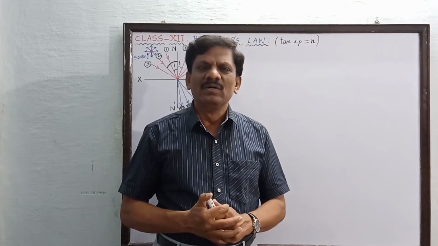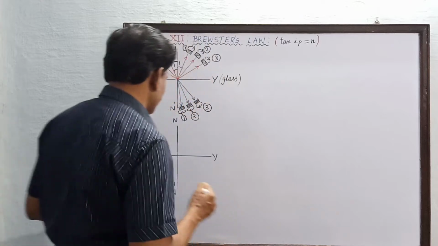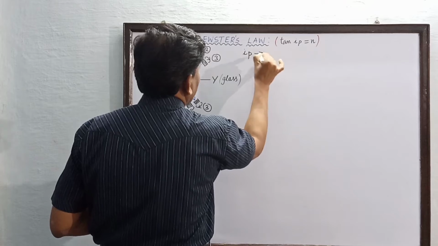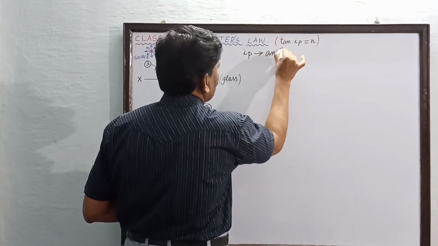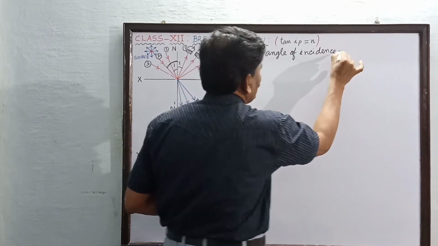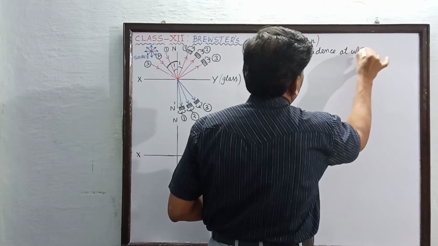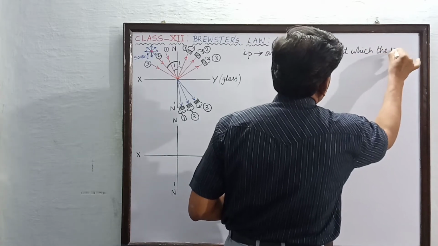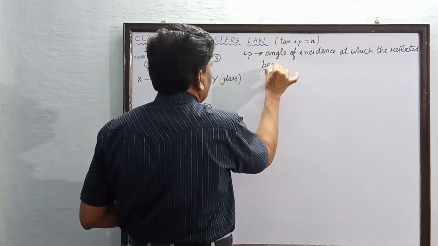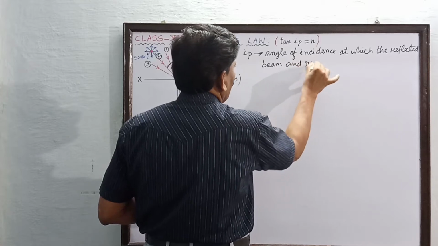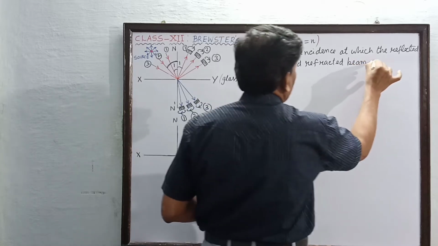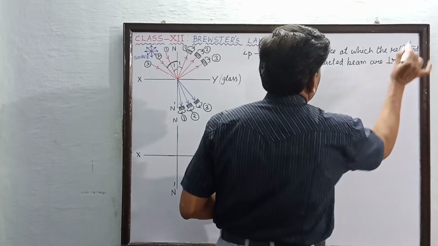How do you define the polarizing angle? The polarizing angle is defined as the angle of incidence at which the reflected beam and refracted beam are perpendicular to each other.